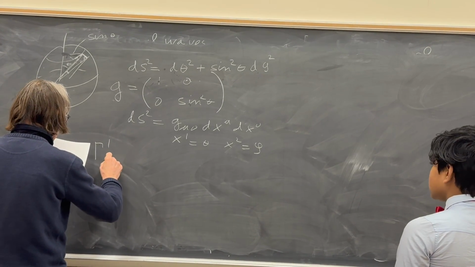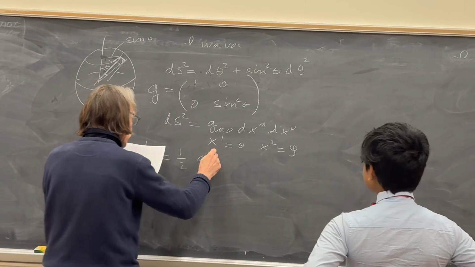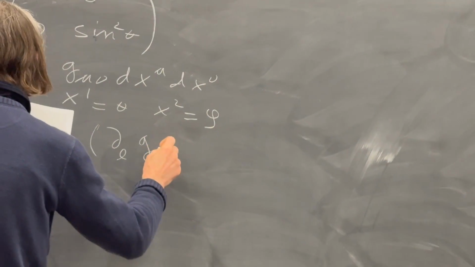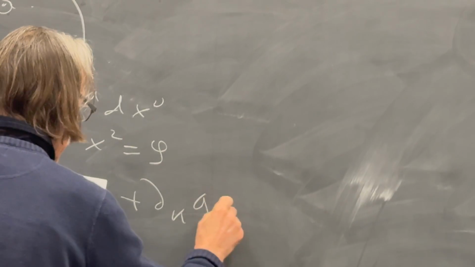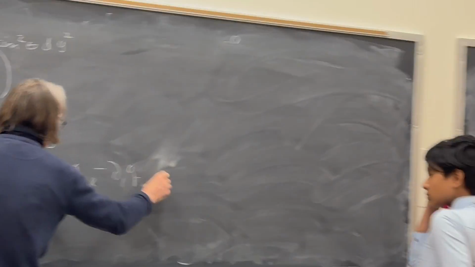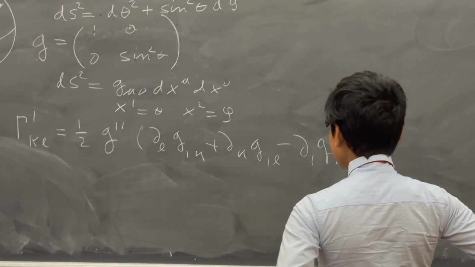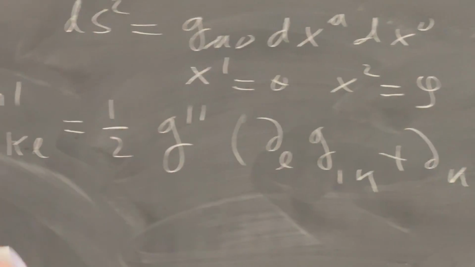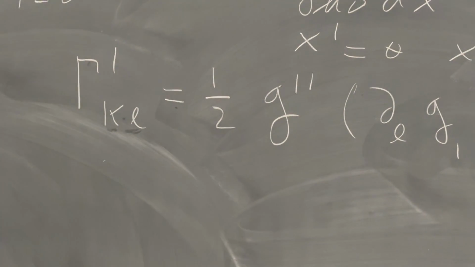Gamma 1 KL is 1/2 G, it is diagonal, that is why it is 1, 1, times DL G 1K plus DK G 1L minus D1 GKL. And there's a summation convention. And 1 is theta. There are only 2 of them, so it's a 2 by 2 matrix.